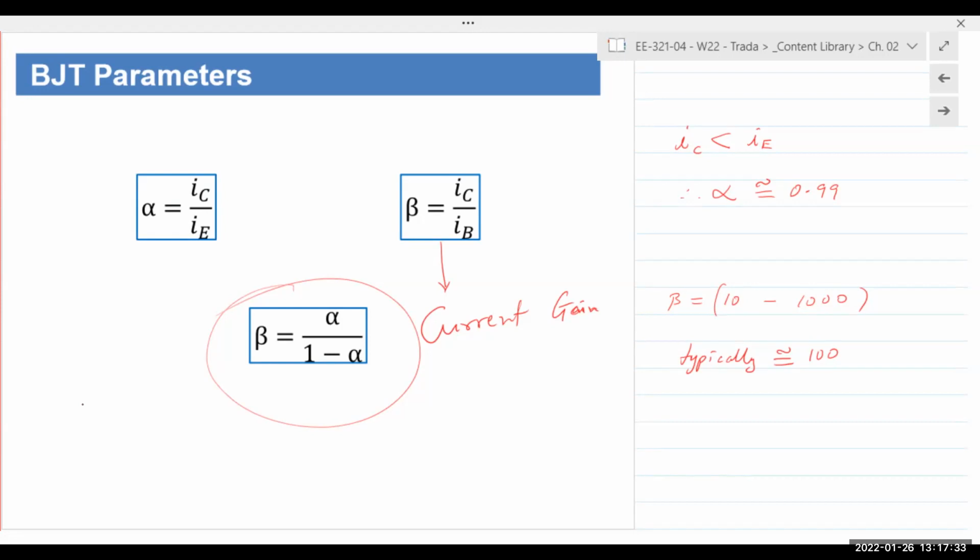Homework number 5 deals with BJT fundamentals, and there's an extra credit tutorial as always, and some simple problems that deal with the fundamentals of these BJT parameters.